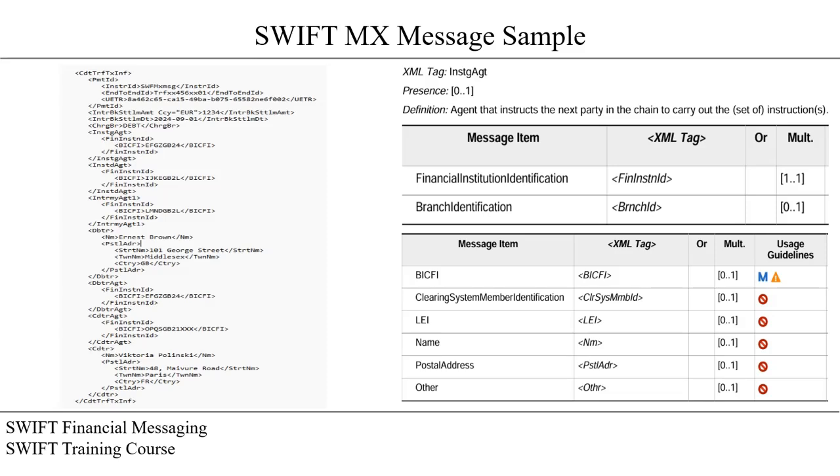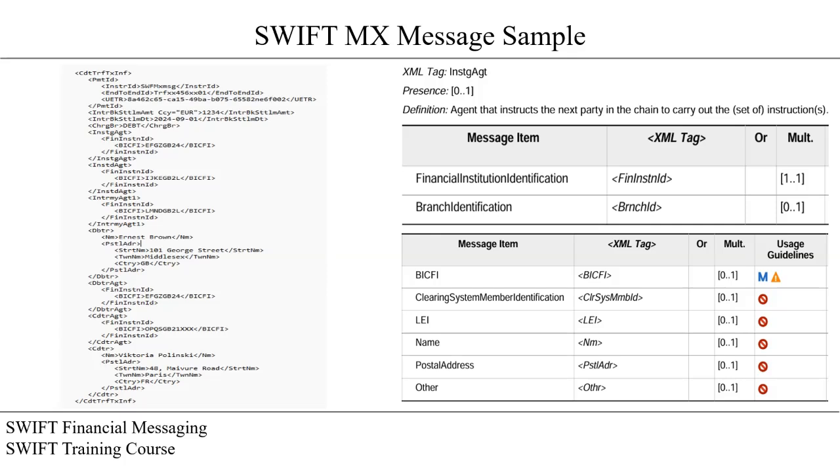Swift MX message sample. On the left is an example of an MX message, ISO 20022. Remember, it's in XML format. So here is an example of what the document section of an MX message would look like. To the right of that is the equivalent of the specification for that message.